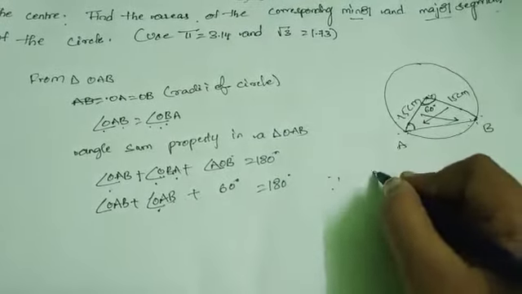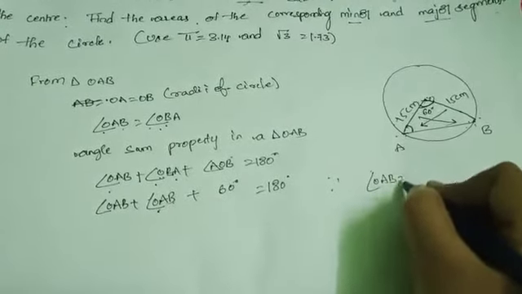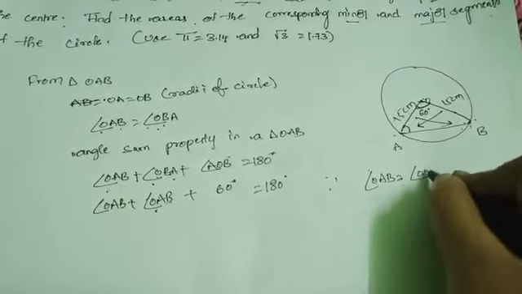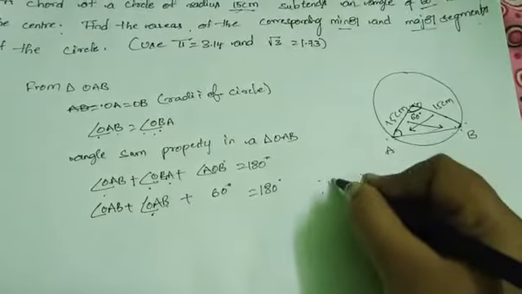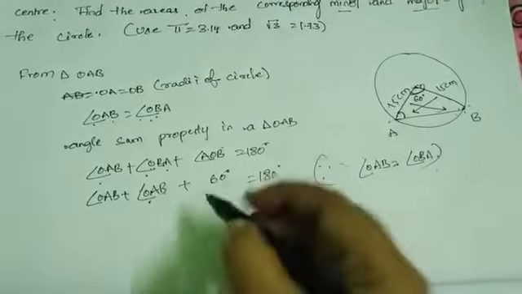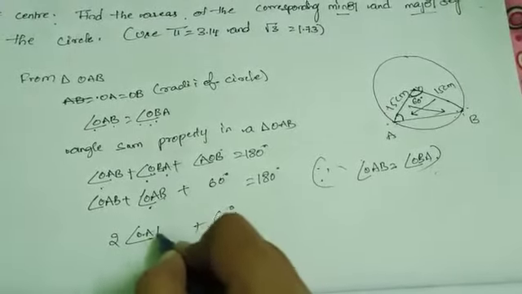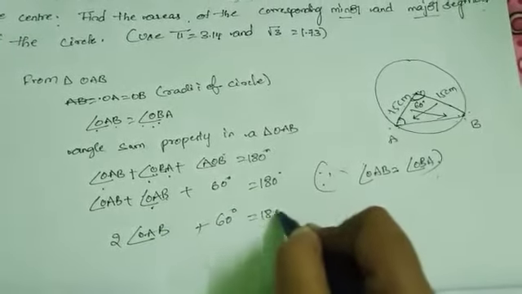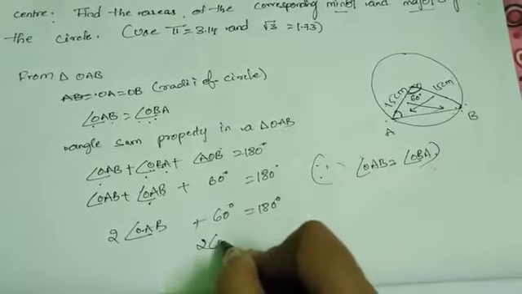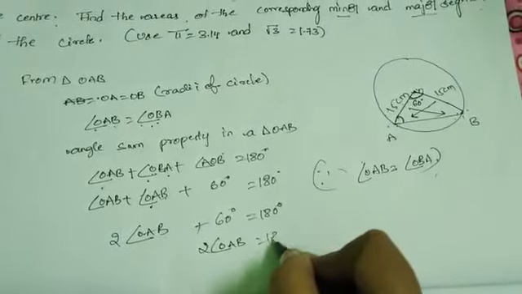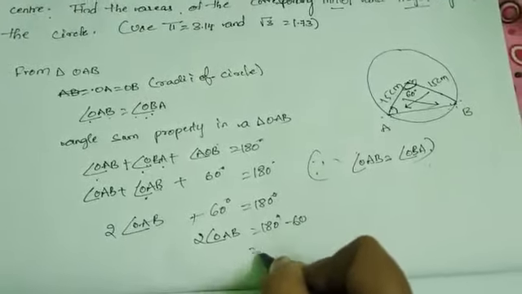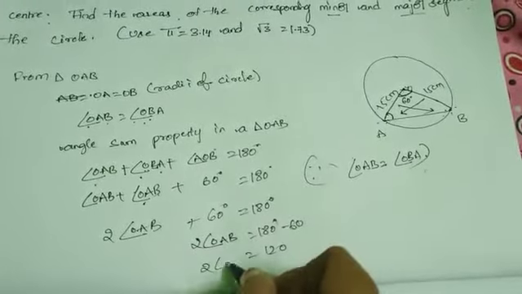Since angle OAB equals angle OBA, 2 times angle OAB equals 180 degrees minus 60, how much? 120.